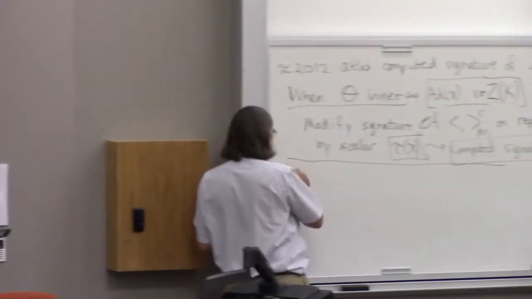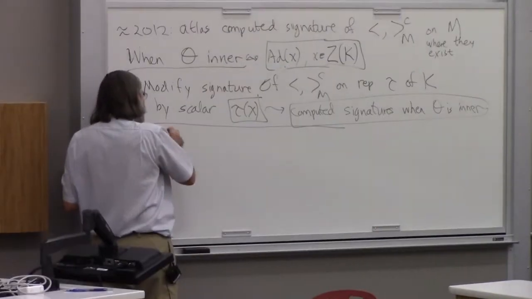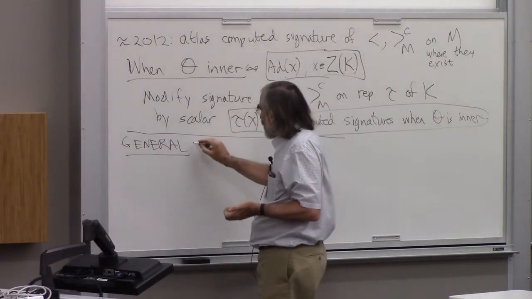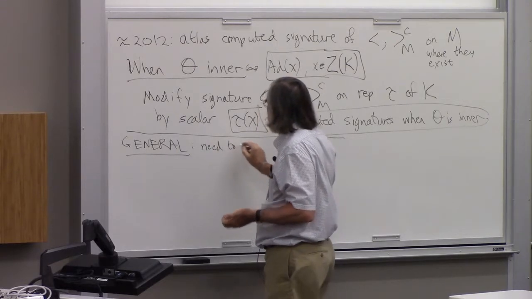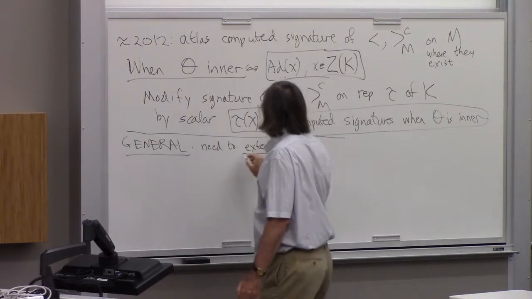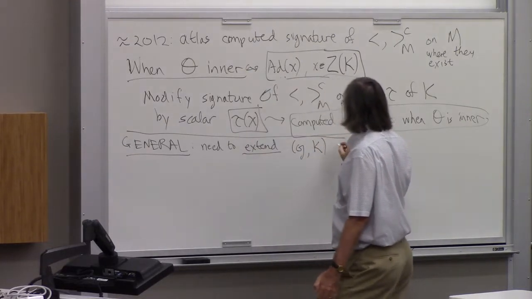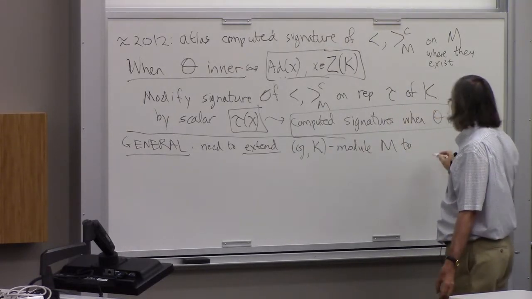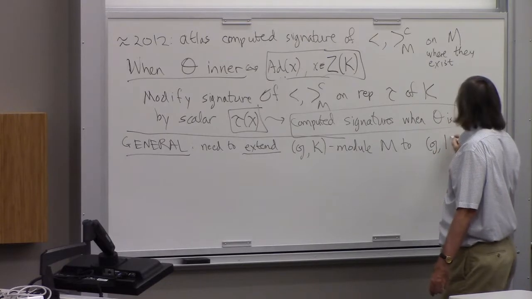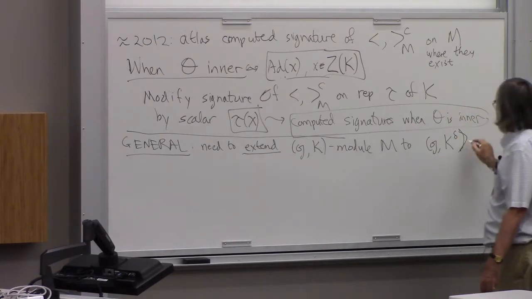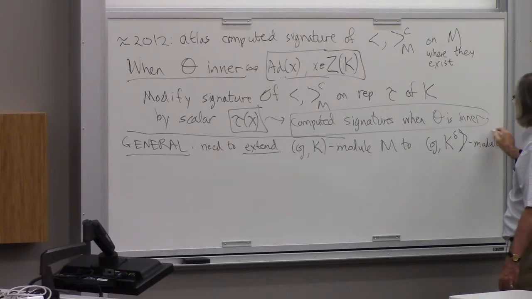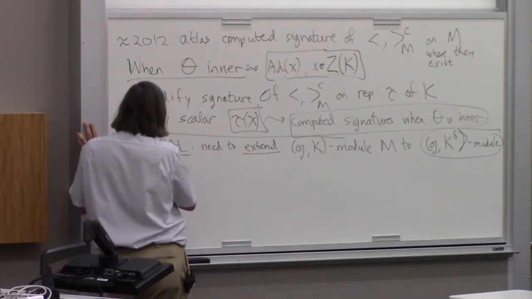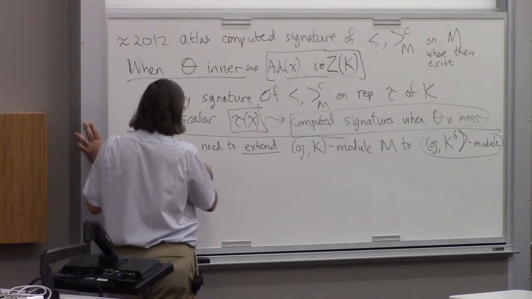And so in the general case, more or less, you need to extend this GK module to a G, we write K delta module. So remember that Atlas uses this extended group.